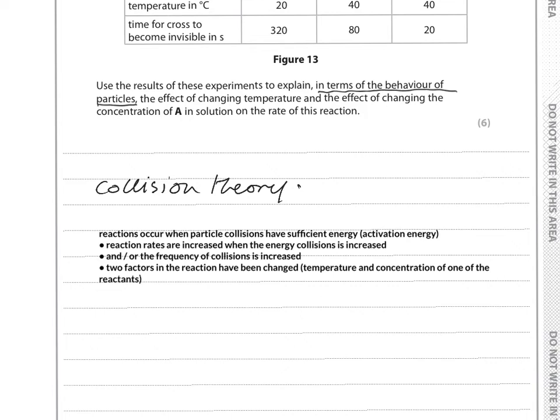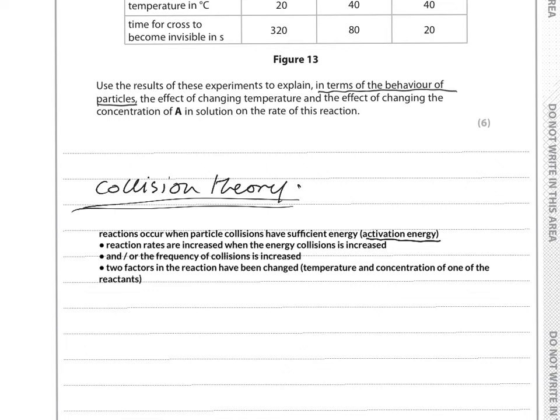So you had to say, first of all, that particles collide with greater than or equal to the activation energy for the reaction to happen. And many of you missed this first bit. You went straight into describing the results, and that's where you've lost your marks.